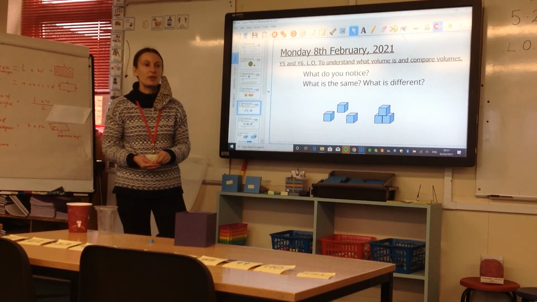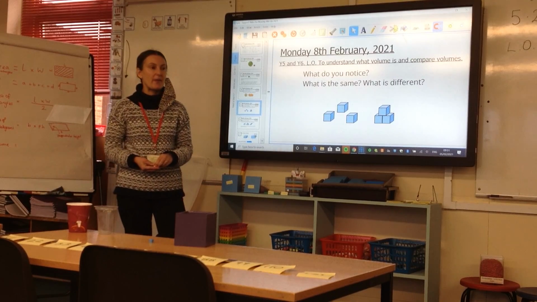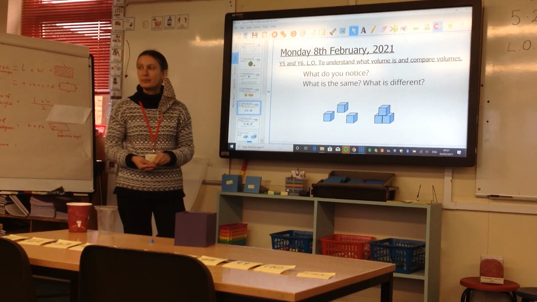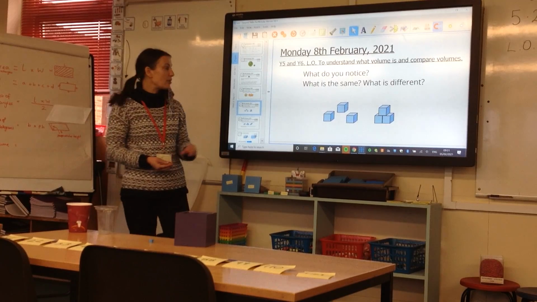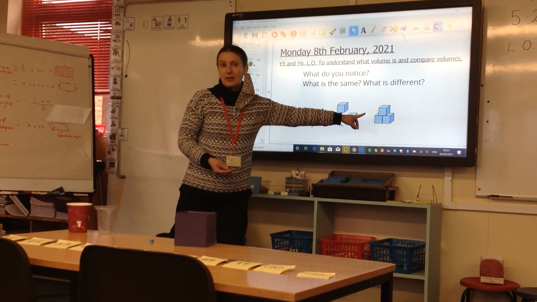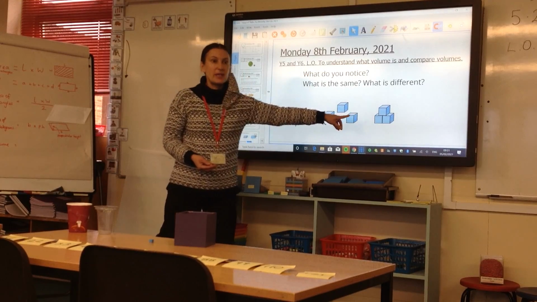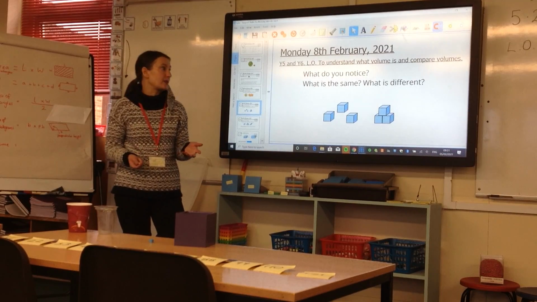What can we say about those? What can we generalise about them regarding their volume? They've got the same amount of little cubes. Yeah, so these 3 cubes have got the same volume as the other 3 cubes. Absolutely. It's just the arrangement that looks different.